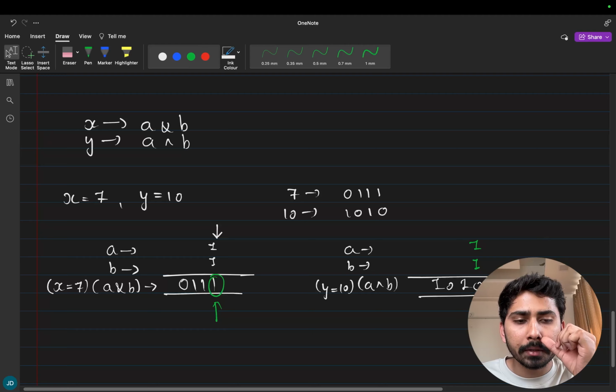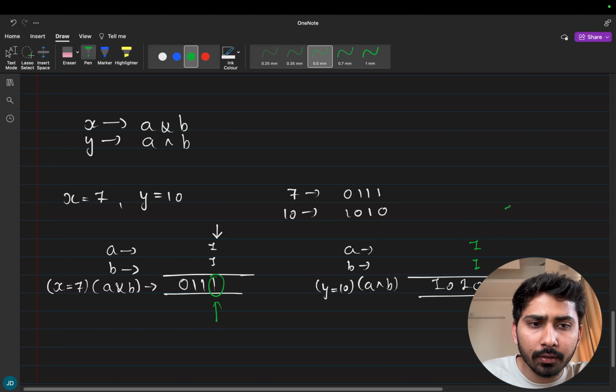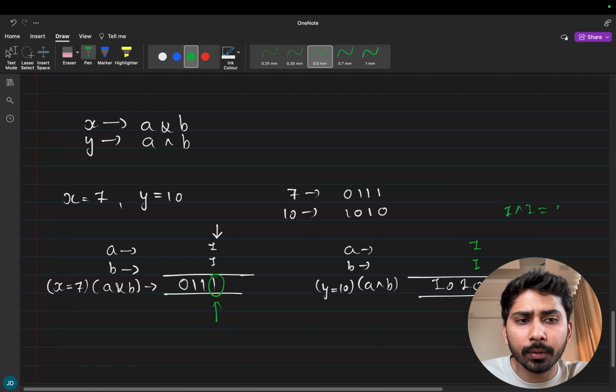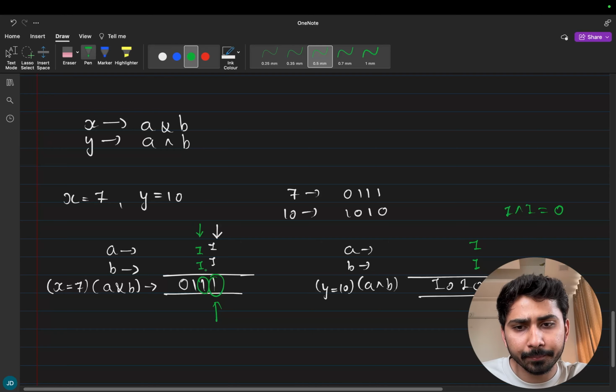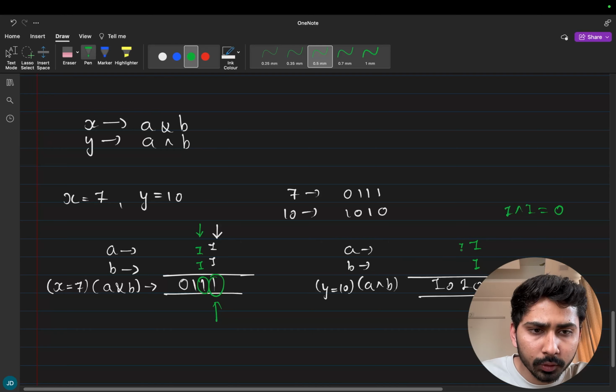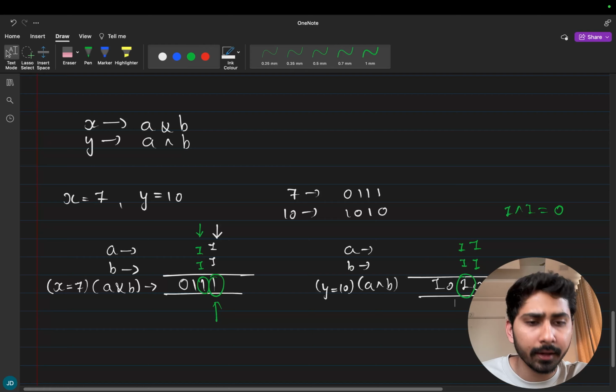The XOR operation says that when 1 XOR 1 is done, you will be getting the output as 0. 1 XOR 1 gives you output 0. So this is working fine. So you can say that, okay, this ith bit will be set in A and B. Now let's move to the next bit. So the next bit over here is 1. So both the bits should be set bits.